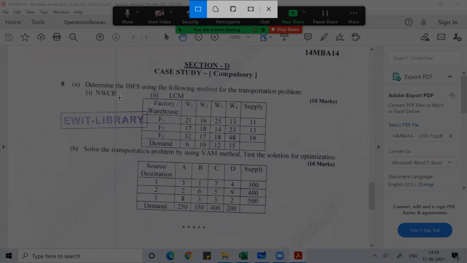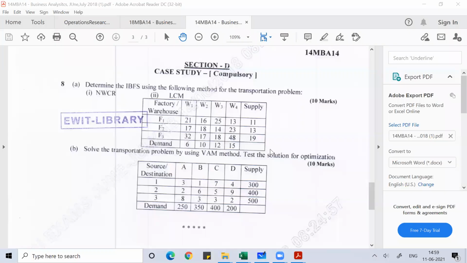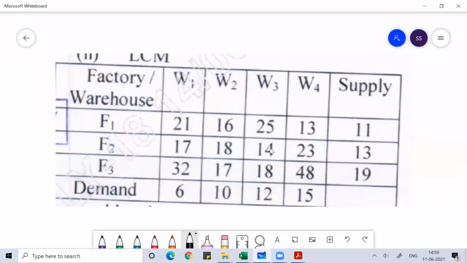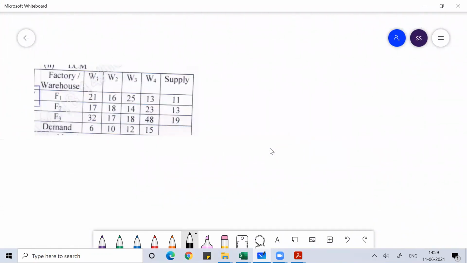First we did the same problem by the northwest corner method, and now we are going to do the same problem by the least cost method. You can use either the word least cost method or matrix minimum method, both mean the same thing. Okay, everyone. Any doubt, anything you want to ask, feel free to ask your question, guys.